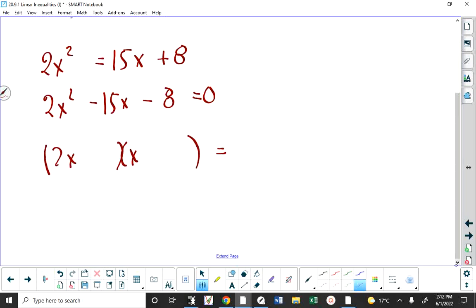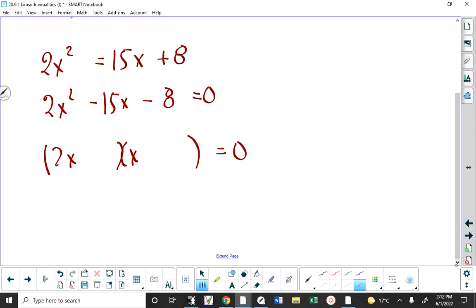We've had this situation before. It must be 2x and x. It has to be, right? There's no other way you can factor that 2x squared into two factors, as long as there's an x in each, which there has to be. For the 8, you've been trained by me almost to always try numbers that are closer together, like 4 and 2.